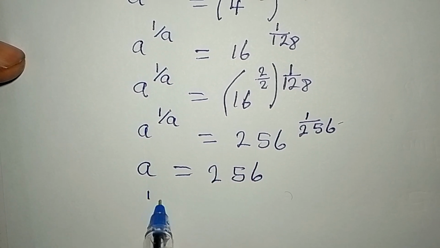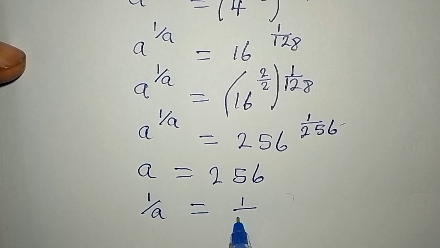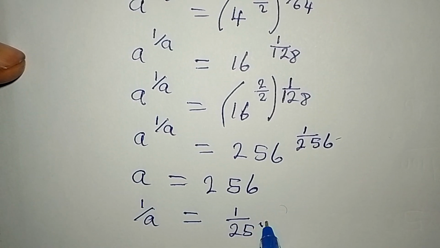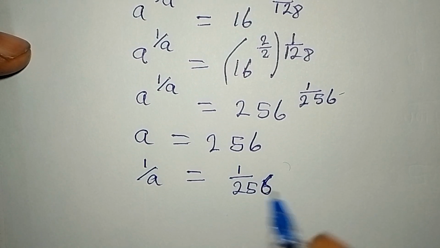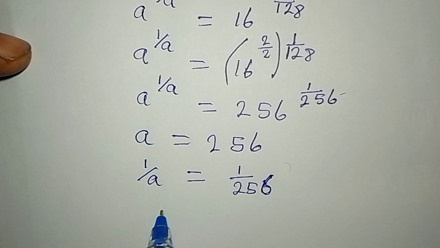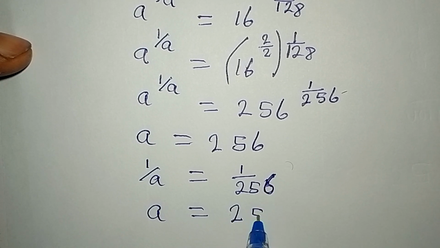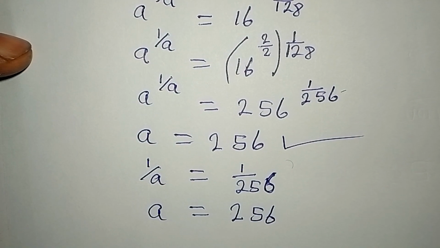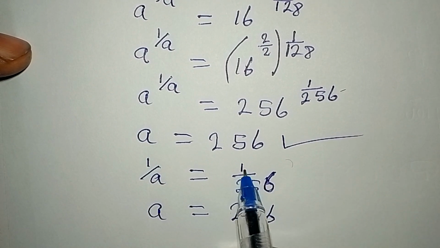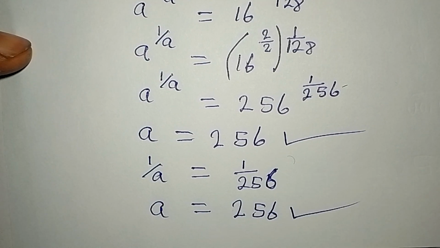We have 1 over a on the left, and on the right we have 1 over 256. So if we cross multiply, then a is alone and it's still equal to 256. From the power, we have a to be 256, and from the base, a is also 256.